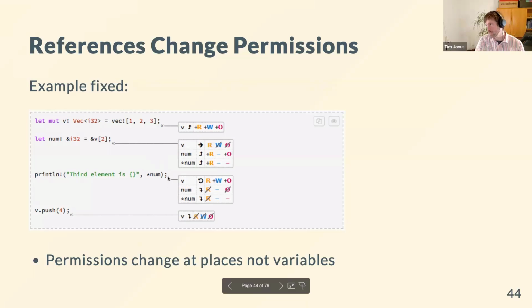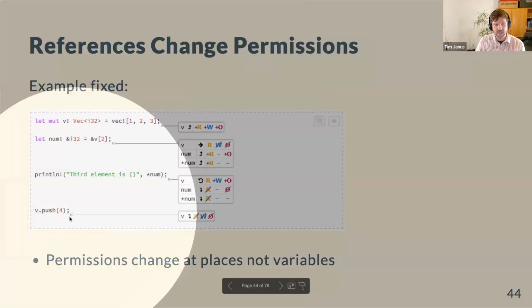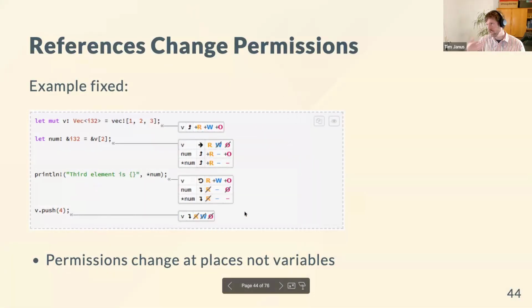What is important here is that it's not related to a scope, but really to the last place it has been used. And the same occurs here. Here v is used the last time, and so the variable gets all its permissions.